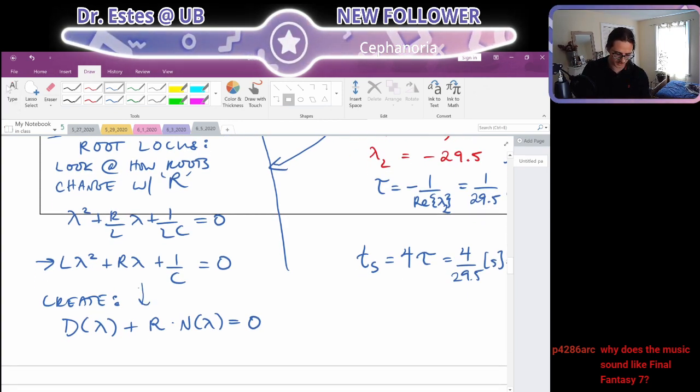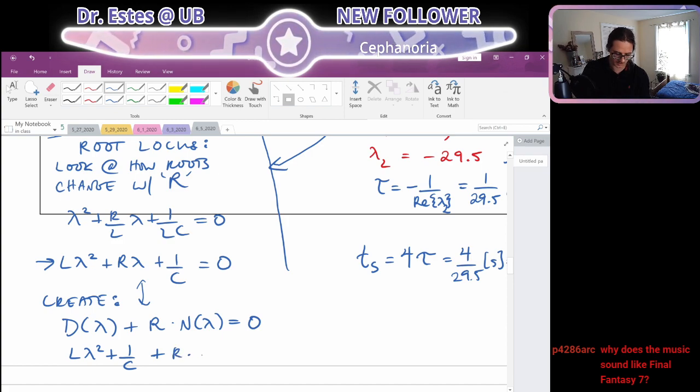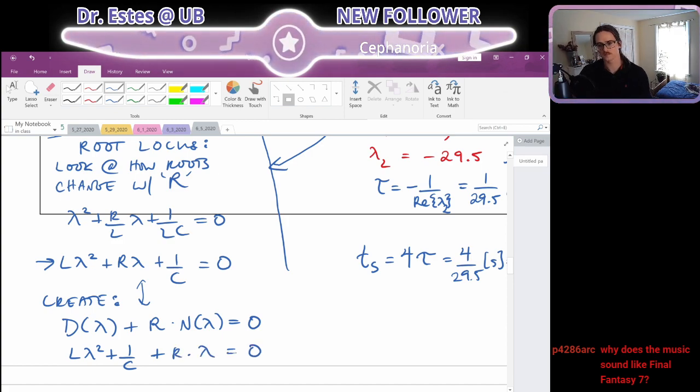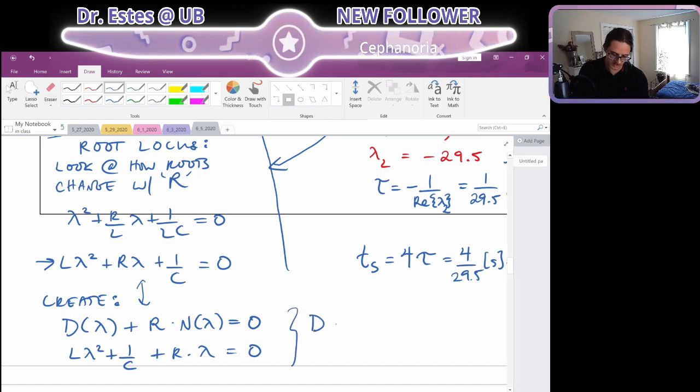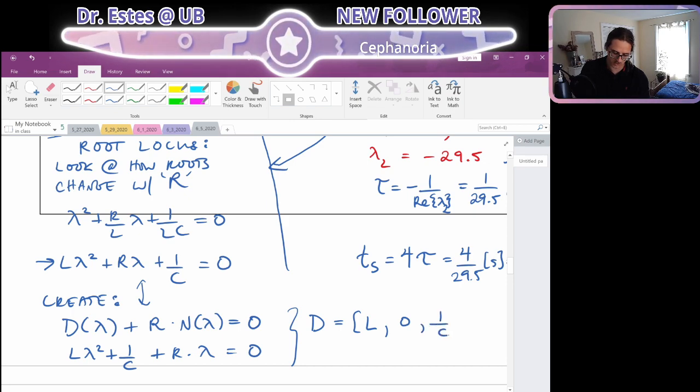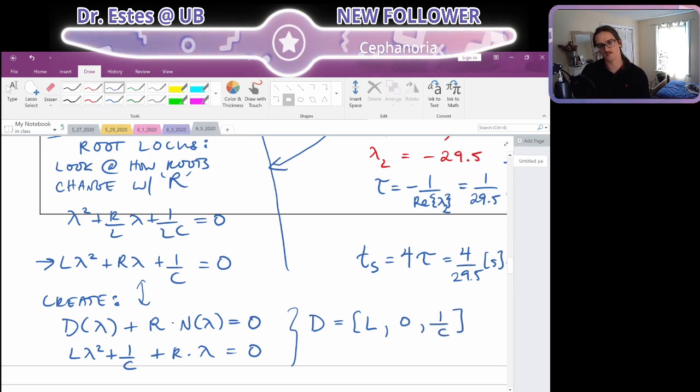So if we match this up with the equation above, we see that d lambda would be L lambda squared plus 1 over c plus r, and then n lambda is just lambda. When we go over to MATLAB and make D and N, D is equal to L times lambda squared plus 0 times lambda plus 1 over c times lambda to the 0.